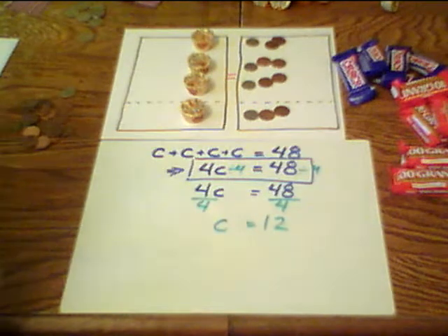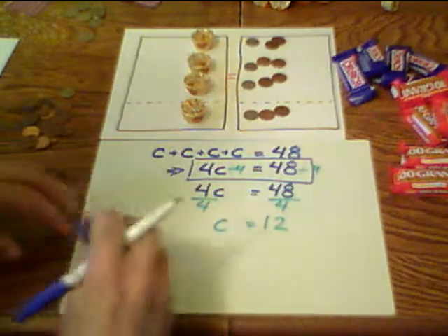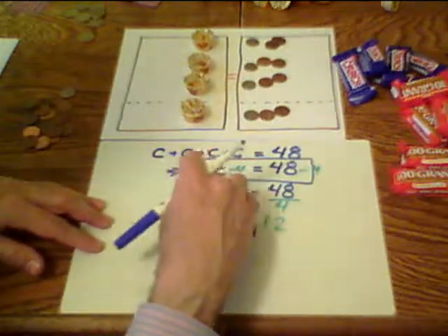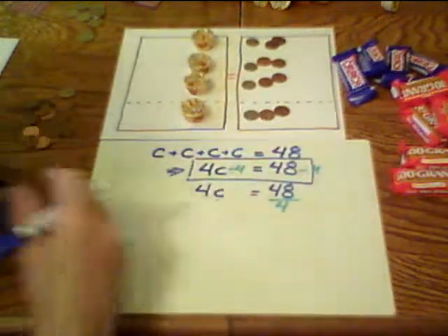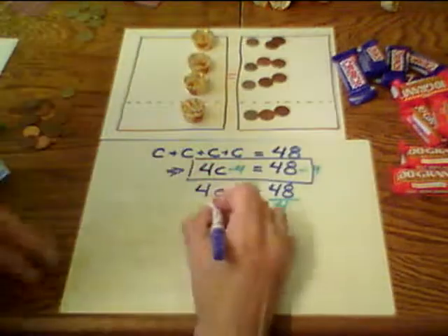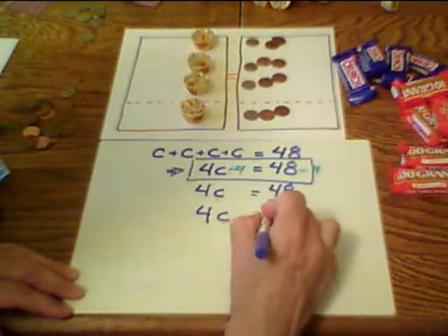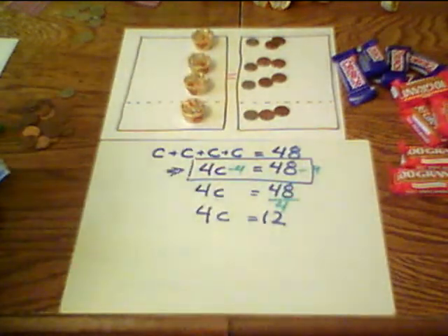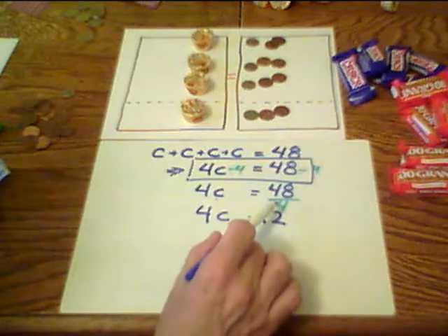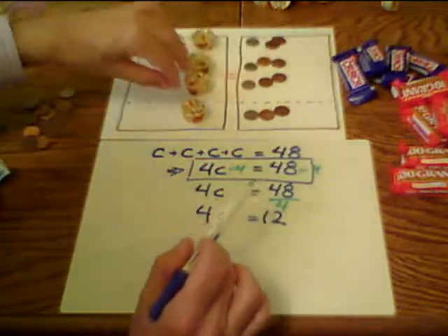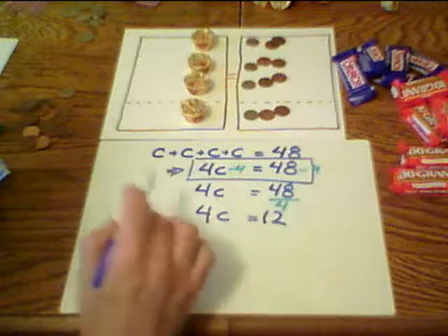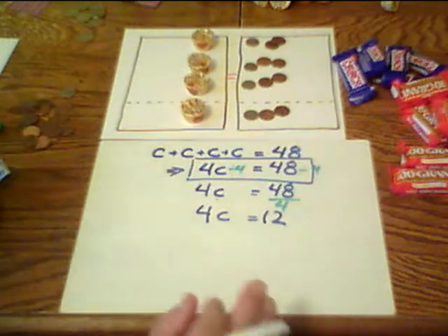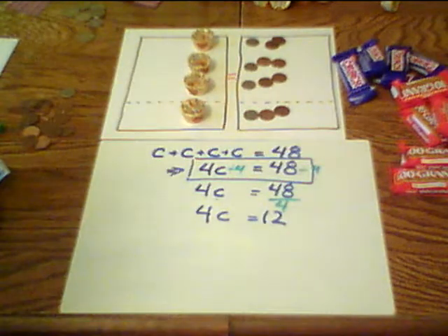Now I can start to, again, play devil's advocate. I could say, well, how come, okay, I divide that by 4 like I did here, so 4 candy bars equal 12 cents? And the idea is, well, no, if you divide that 4 into 4 equal groups, you have to divide this into 4 equal groups. There's the idea of what you do to one side, you do to the other, or the sides have to be in balance and so on.